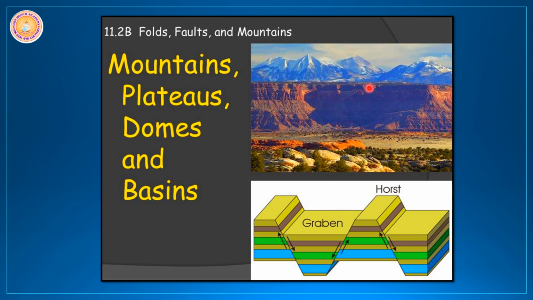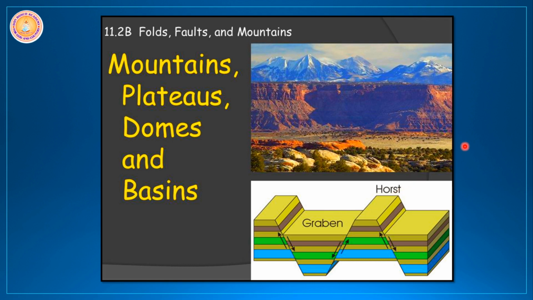Such mountains may be formed between two rift valleys. So what is a rift valley? When the crust between two roughly parallel faults sinks or subsides, a narrow steep-sided valley is formed, which is known as a rift valley.